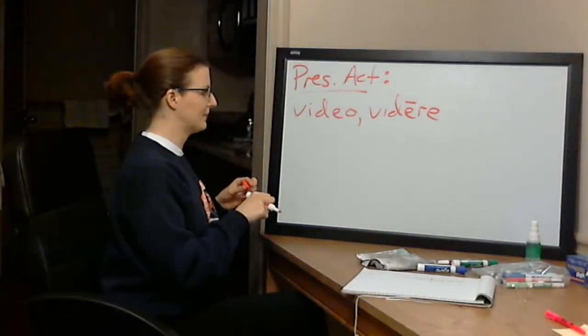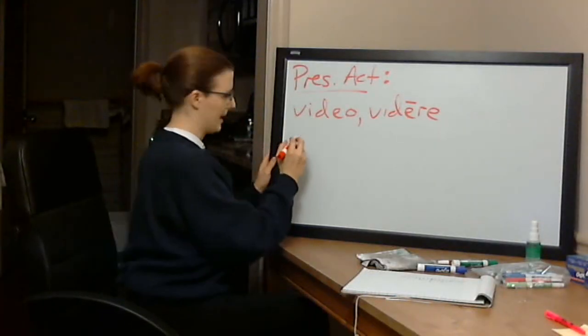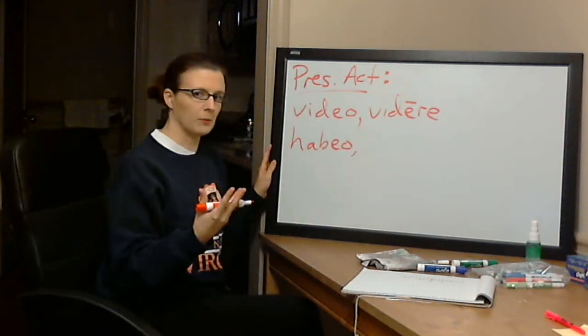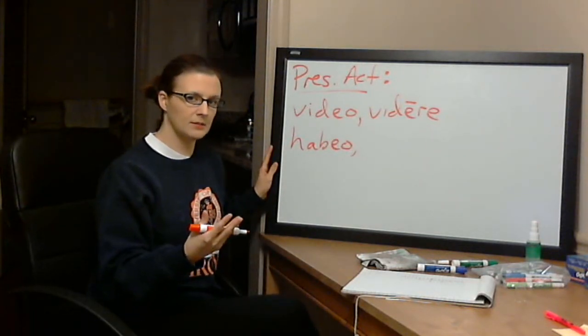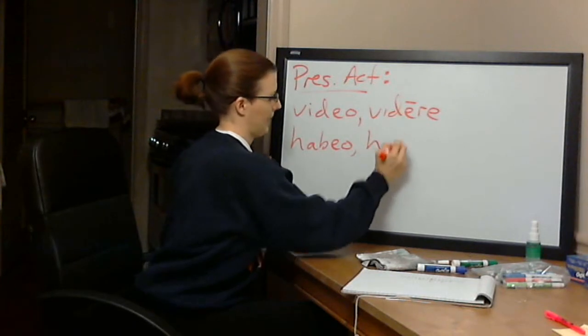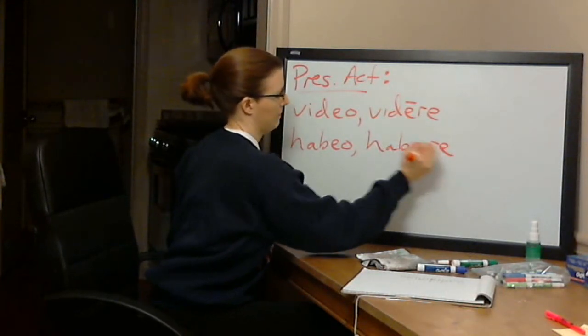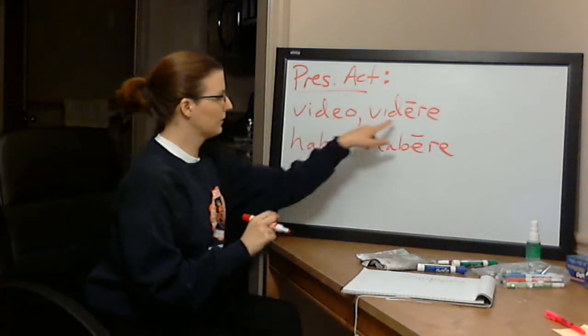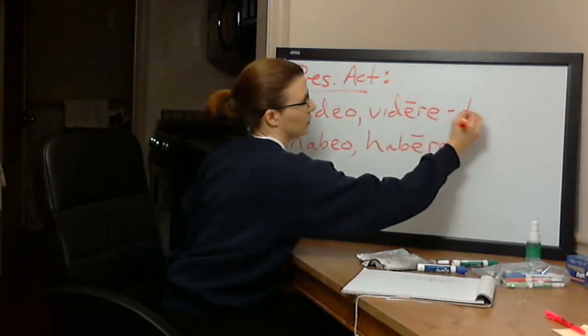Macron is necessary. If I have habeo, second principal part, its present active infinitive is habere, macron, necessary. To translate these, of course, videre is just to see.